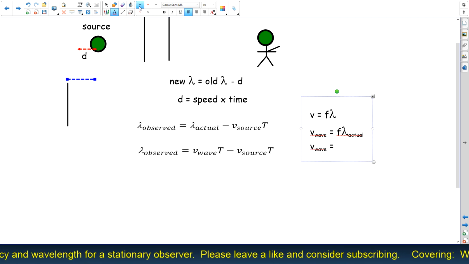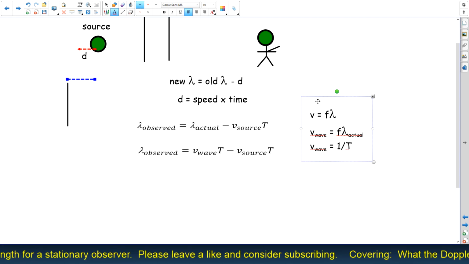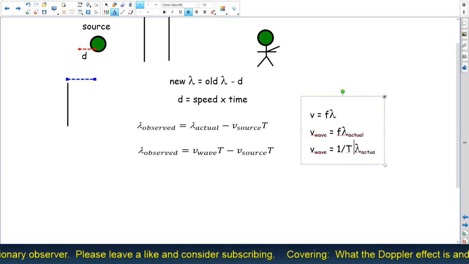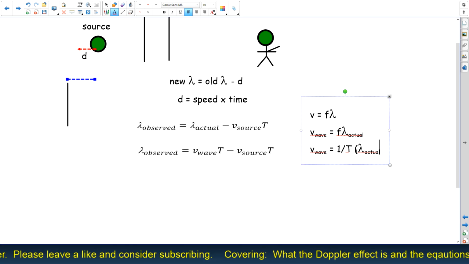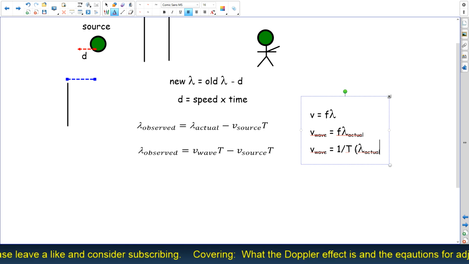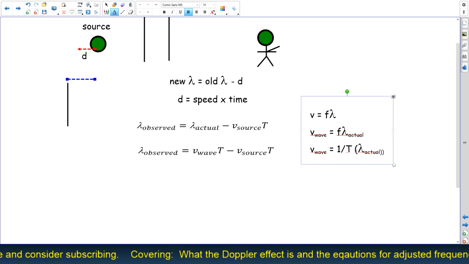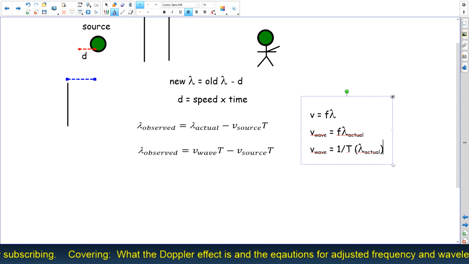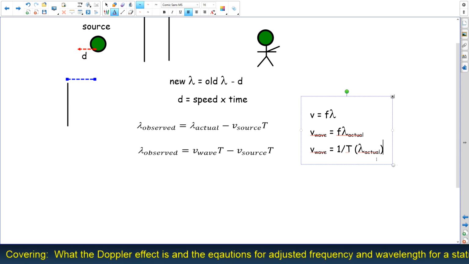Frequency is 1 over the time period. So that's 1 over T times lambda actual. Close brackets in there. That's better. V wave is 1 over T lambda actual.